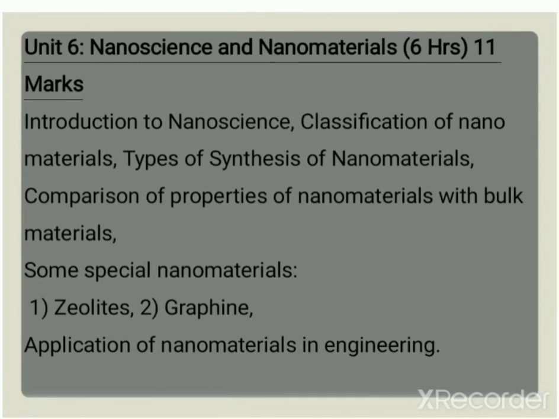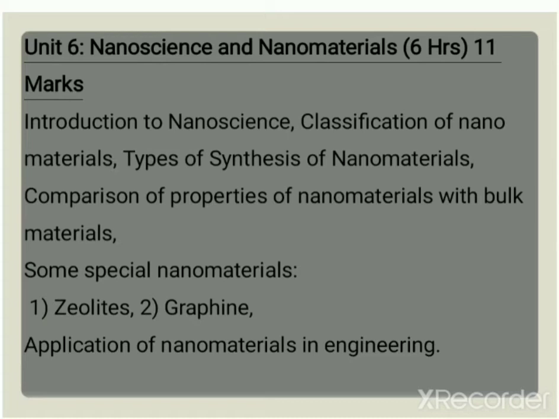The last unit is nanoscience and nanomaterials, and this unit is for 11 marks. Under this unit we study the introduction of nanoscience and the classification of nanomaterials. There are generally 4 types of classification: 0-dimensional, 1-dimensional, 2-dimensional and 3-dimensional materials.